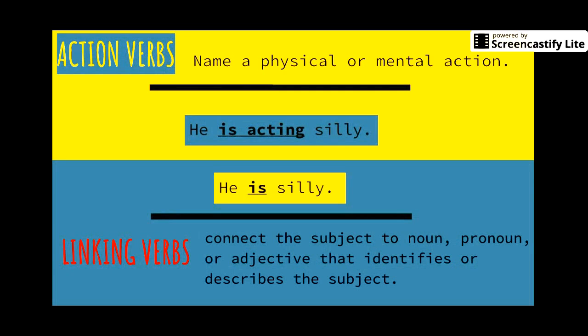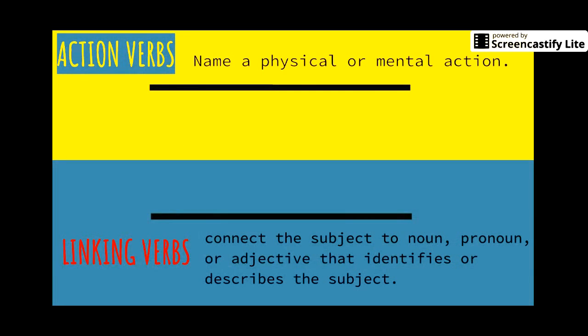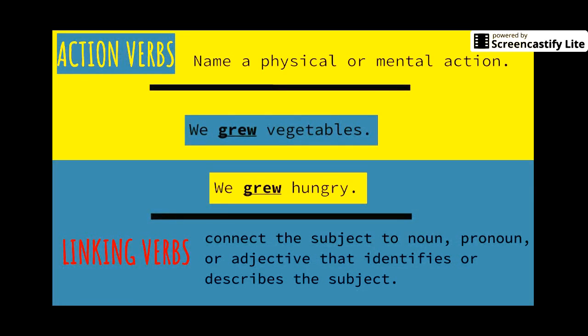Let's look at another example. We grew vegetables. Grew, in this case, is an action verb. It's telling us what we grew. So it would be a transitive verb in this case. Now in the second sentence below that, it says we grew hungry.